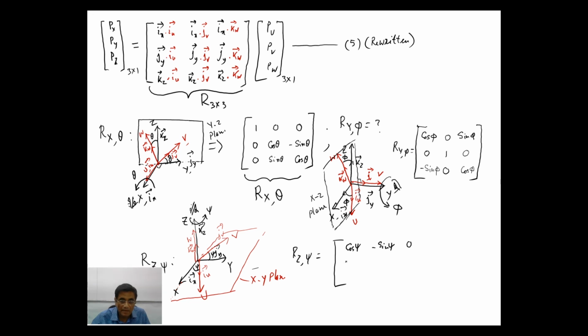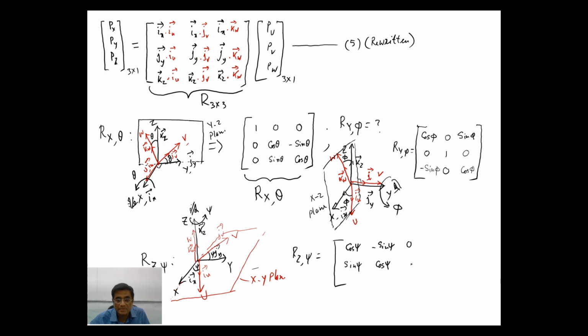Then Jy Iu, cos of pi by 2 minus psi means sin psi, and then Jy Jv, this is cos psi, isn't it?